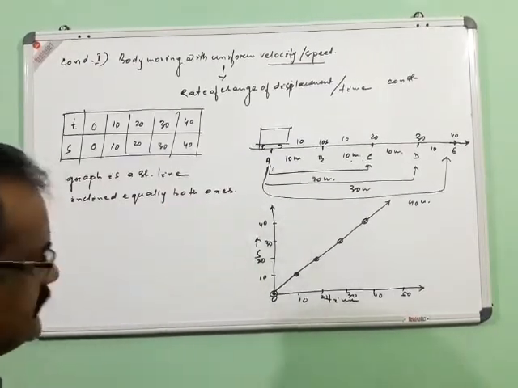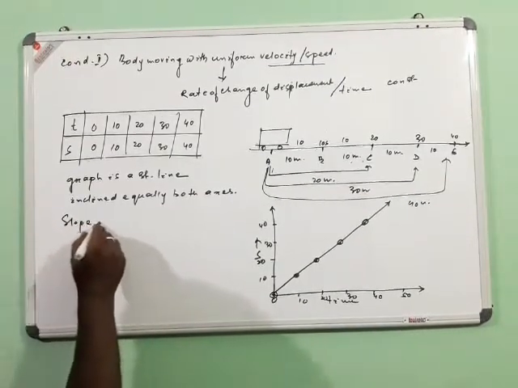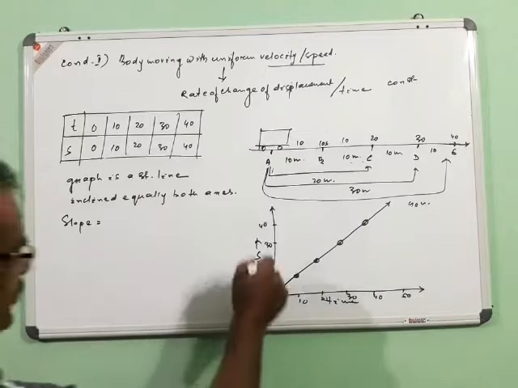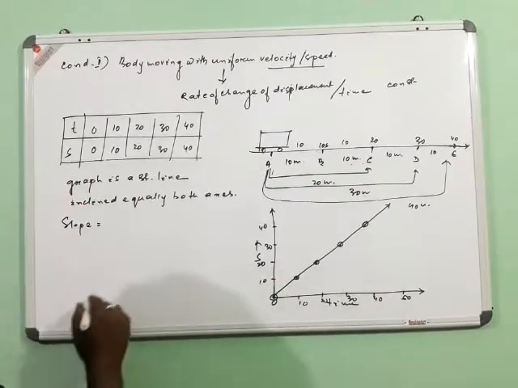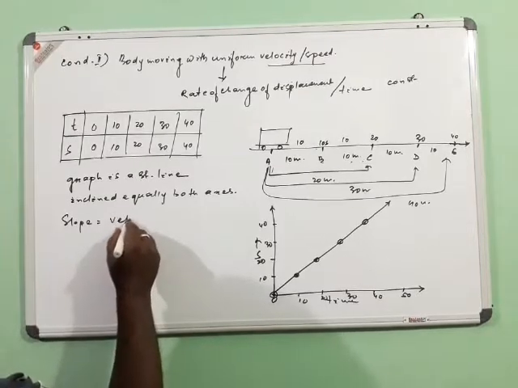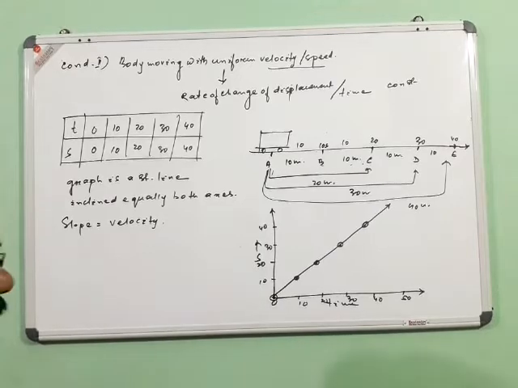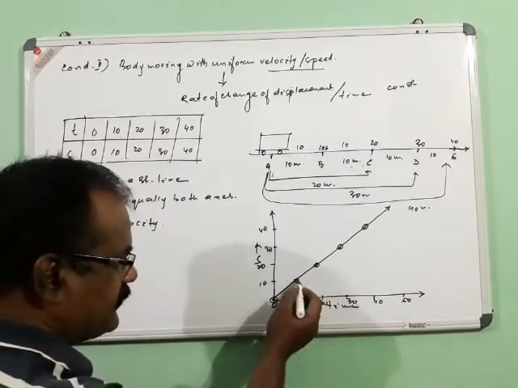And as we know, in the displacement versus time graph, the slope will be equal to the velocity or the speed.